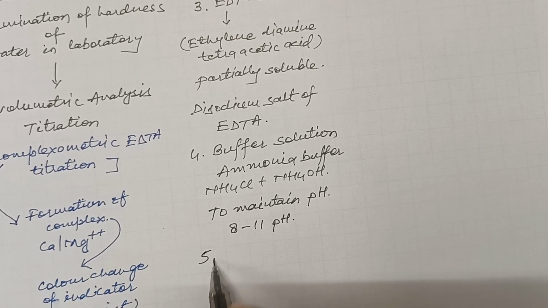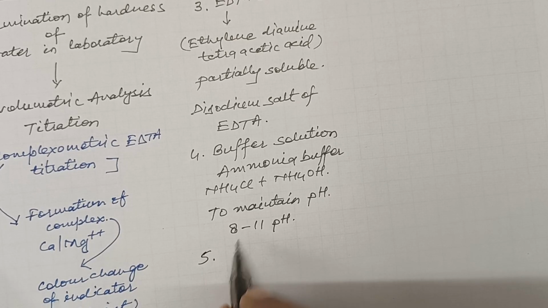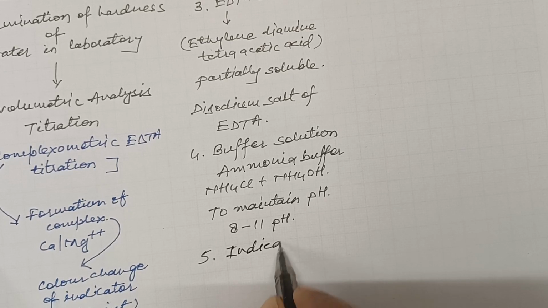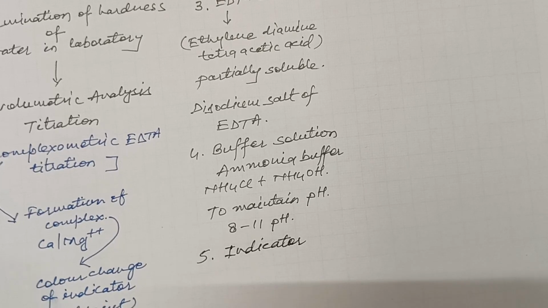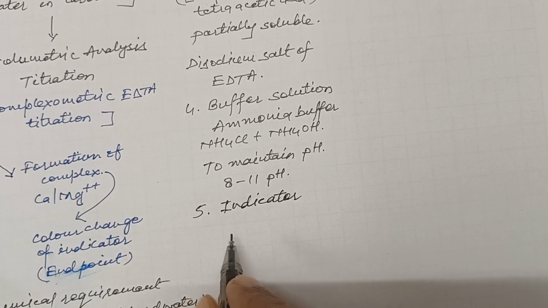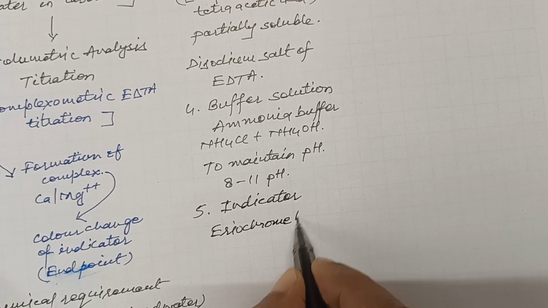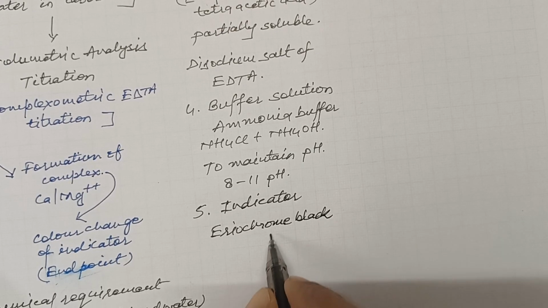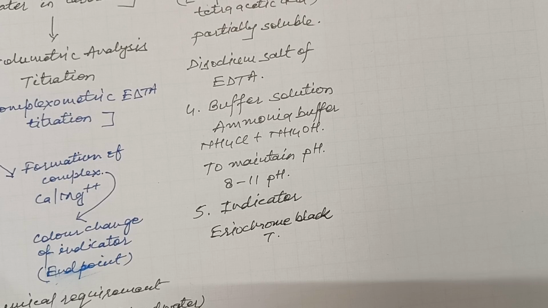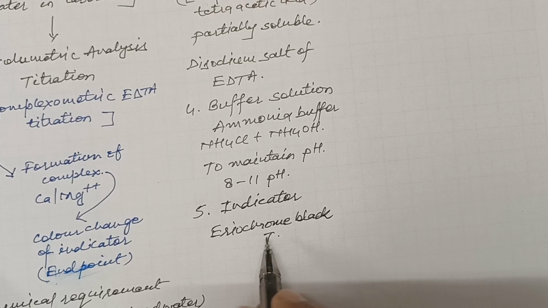The fifth chemical requirement is indicator. Here we use a specific indicator called Eriochrome Black T. This Eriochrome Black T indicator is a pigment indicator, and it originally looks black.